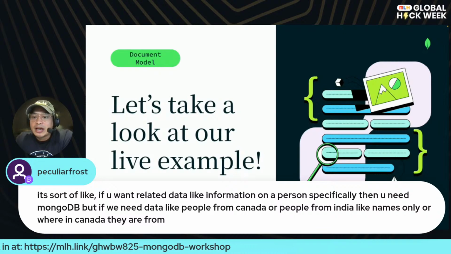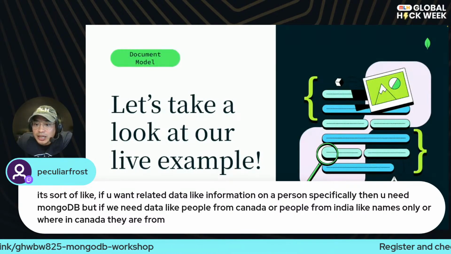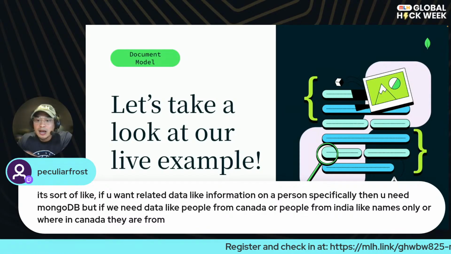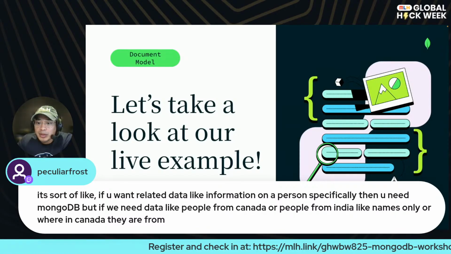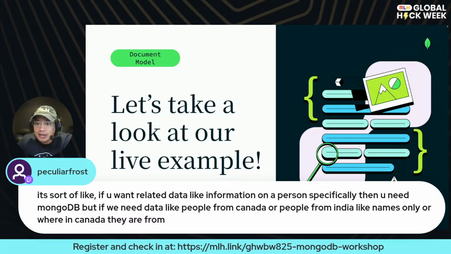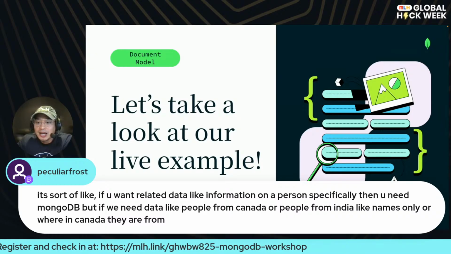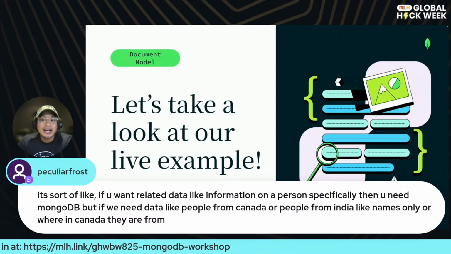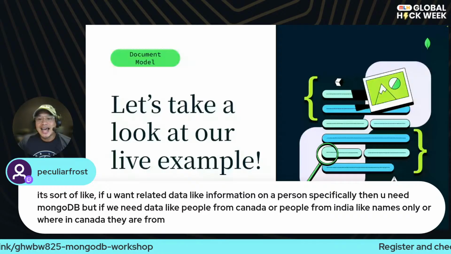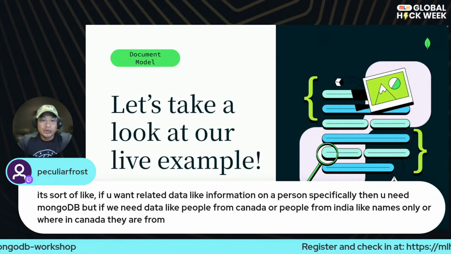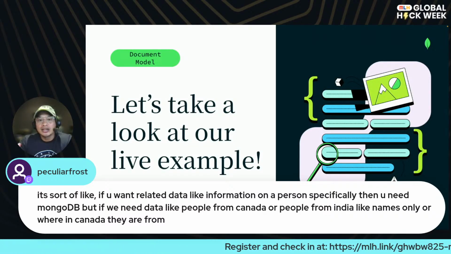Peculiar Frost, I love that name. It's sort of like you want related data, like information on a person specifically, then you need MongoDB. But if we need data like people from Canada or people from India, names only, where in Canada they are from, I kind of get it. What I'm going to say here is that you can use MongoDB for both use cases that you're stating.